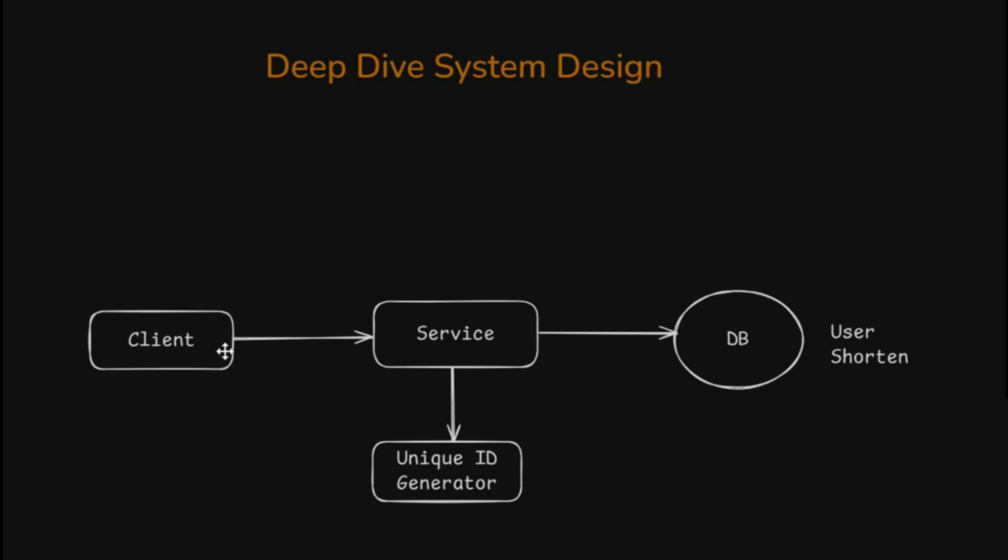If we get the same request again from a different client, do we want to duplicate the record in the database? If not, then before creating it, we can check the database: do we already have this URL generated? If yes, just return it in the response. If not, then create it.